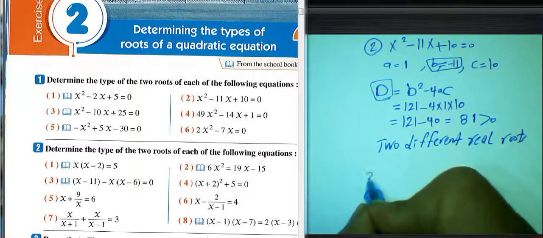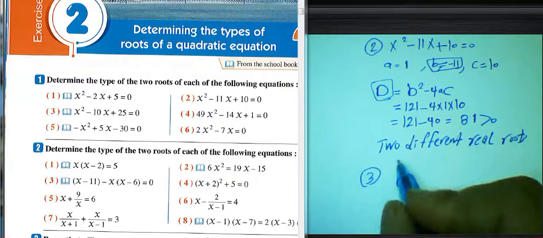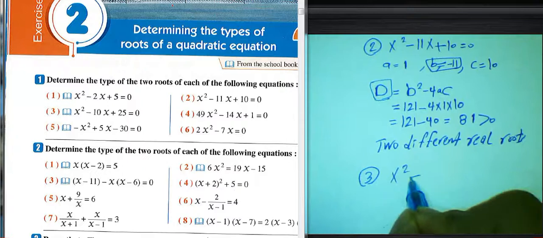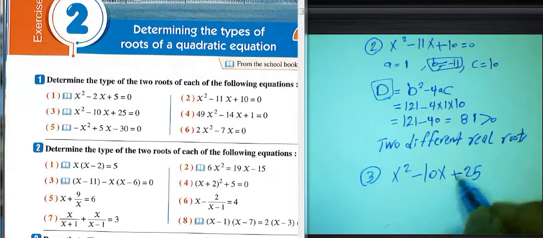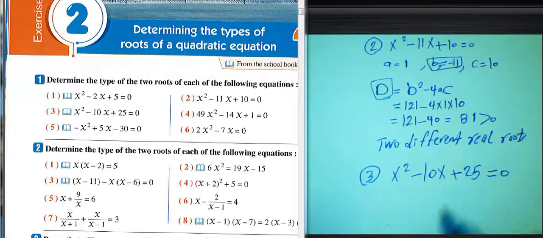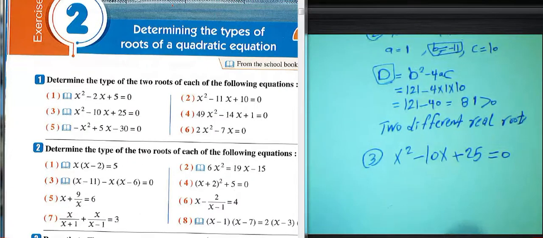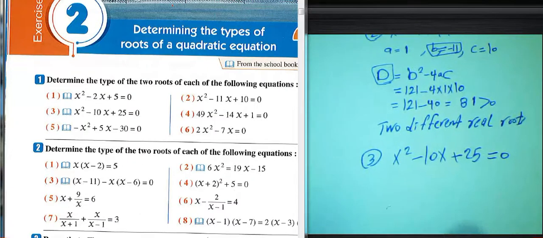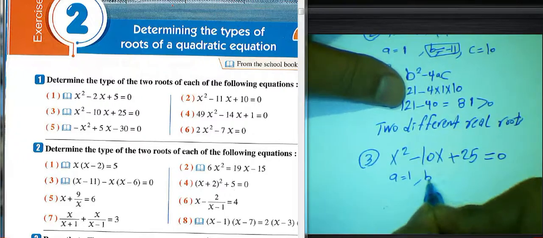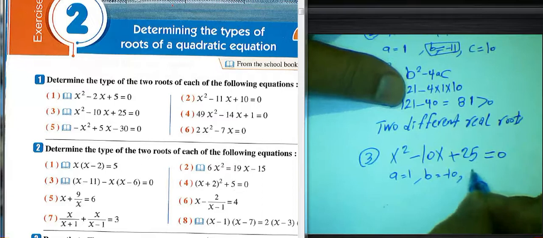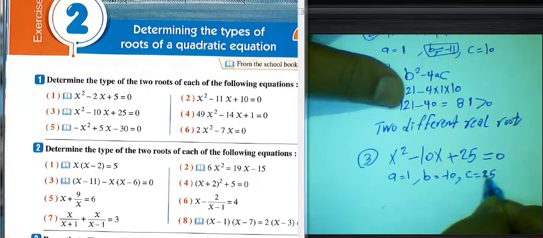Question number 3. x power 2 subtract 10x plus 25 equals 0. You want to determine the type of two roots of each of the following equations. First, we have a equals 1, b equals negative 10, and c equals 25.